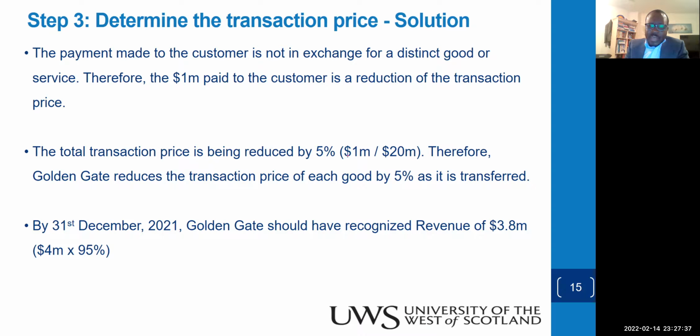So the total price that we are giving this guy, this 20 million, okay, it's actually reducing by what? 1 million. So we should have given this guy 19. So in reality, we would express the 1 million as a percentage of the 20 million to see the percentage that we would have applied in terms of discount, which is 5%.